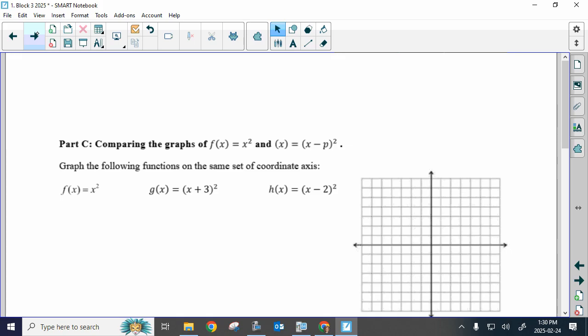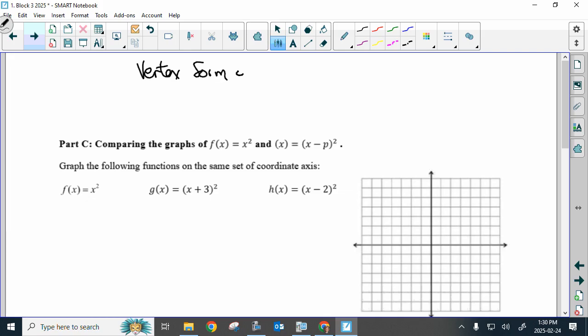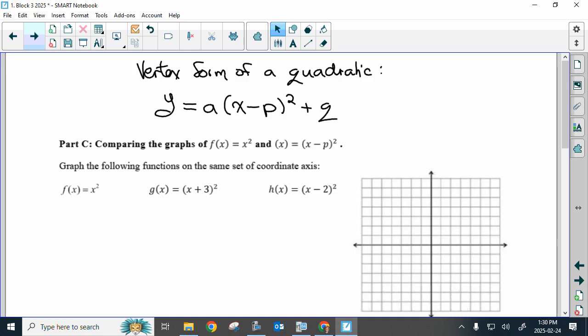We're going to look at parameter p, and the reason why, this is vertex form of a quadratic. Okay, this is what we're diving into. a bracket x minus p squared plus q.